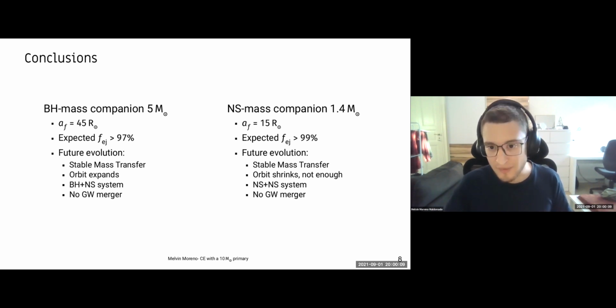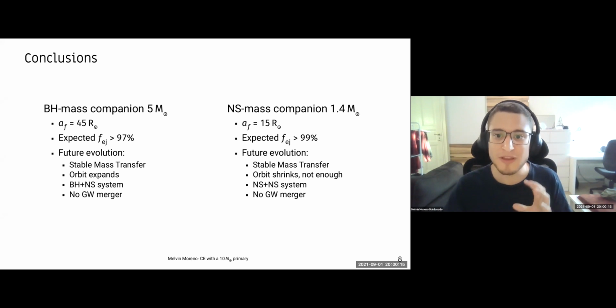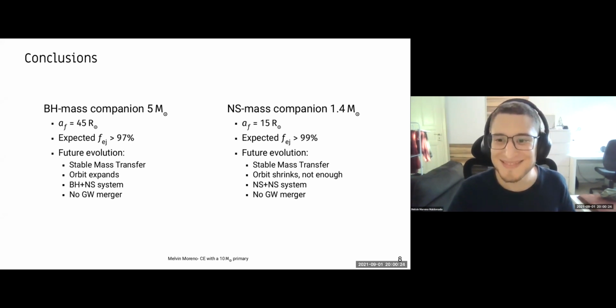So after the supernova kick, if the system survives, you have two neutron stars orbiting each other. But so far, in principle, we don't expect them to merge through gravitational waves. And that's it from my side.